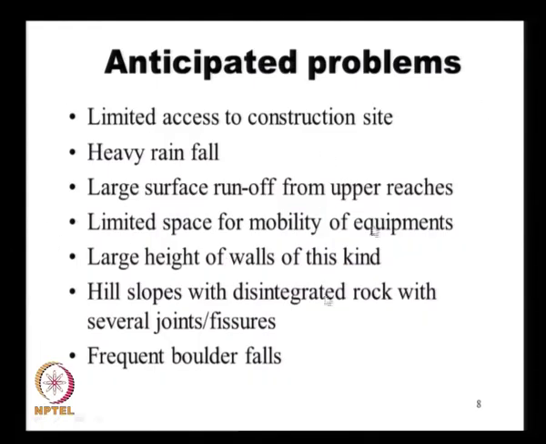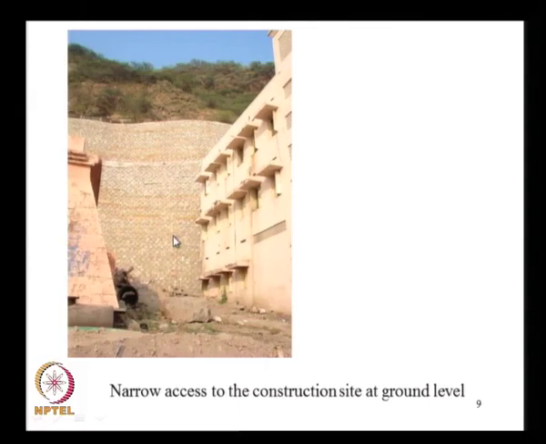Then the hill slope itself has a lot of disintegrated rock with several joints and fissures, and there are frequent boulder falls, at least once or twice a year. So we should design our system to overcome all these problems, and this picture shows the narrow access road, because this entire area is highly built up.